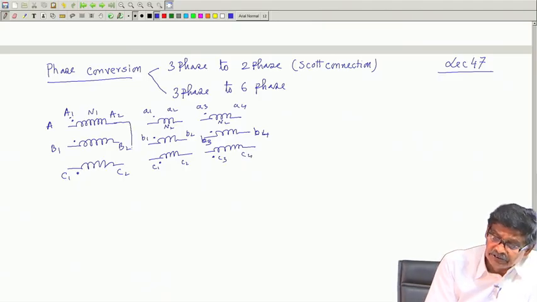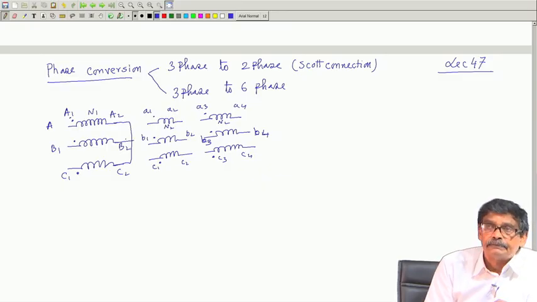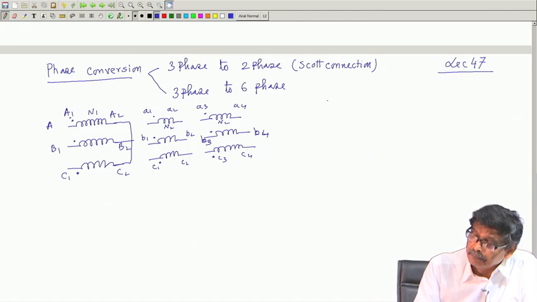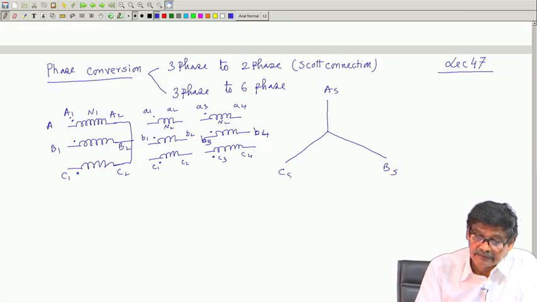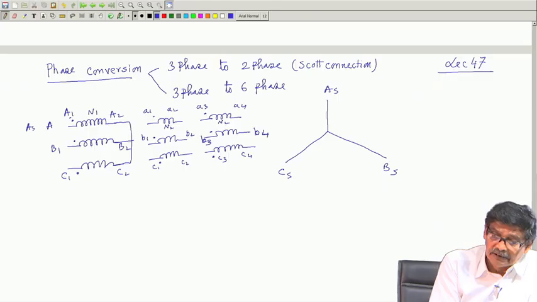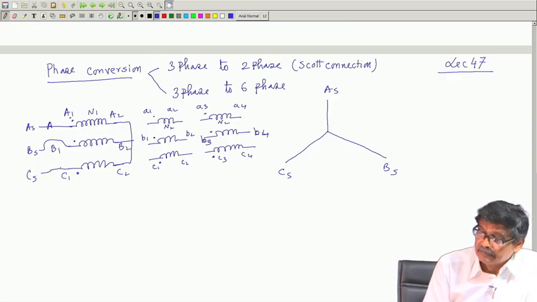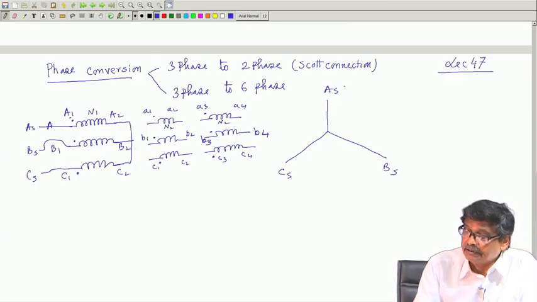And what you do is connect the primary in star. So I know the phasor diagram. On the primary side, the supply is AS, BS, CS, and AS is nothing but A 1, B 1, C 1, and this is A 2, B 2, C 2.